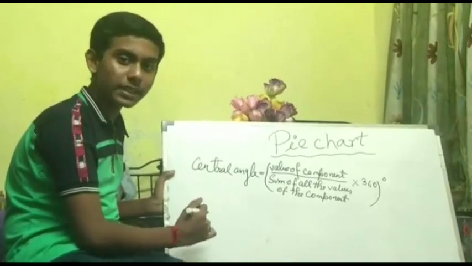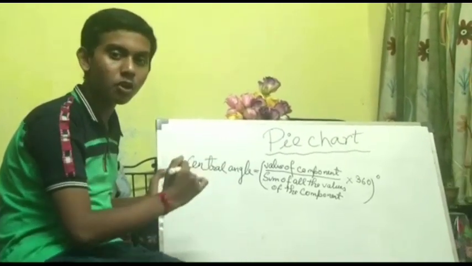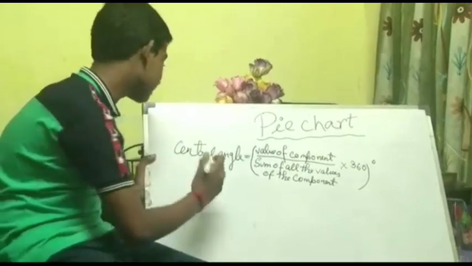So after finding the central angle for a component, we have to draw one box and make 3 columns like this.